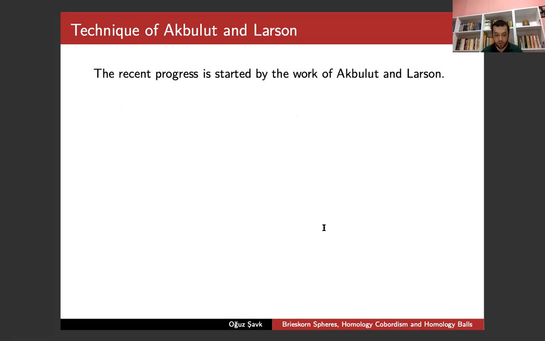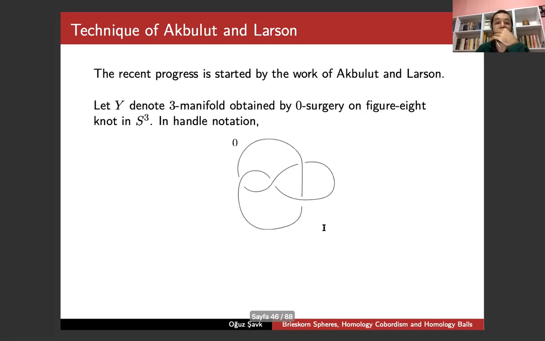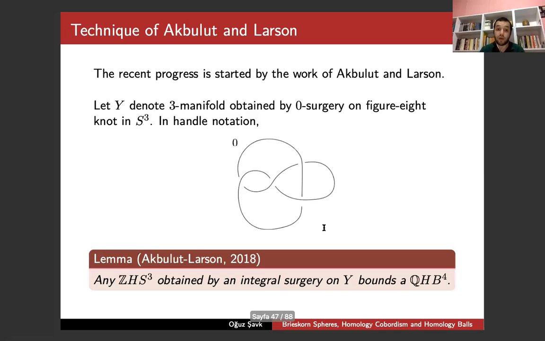The recent progress started with the observation of Selman Akbulut and Kai Larson. Here Y denotes the three-dimensional manifold obtained by zero surgery on the figure-8 knot, as you see. They observed that any integral homology sphere obtained by integral surgery on Y bounds a rational ball.